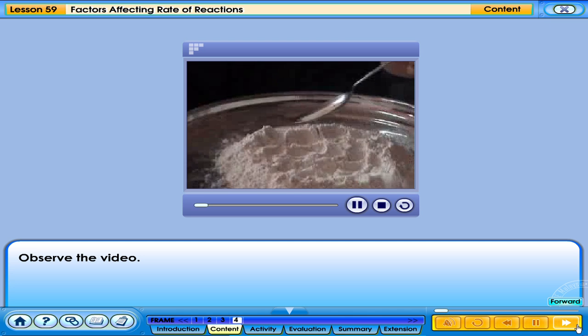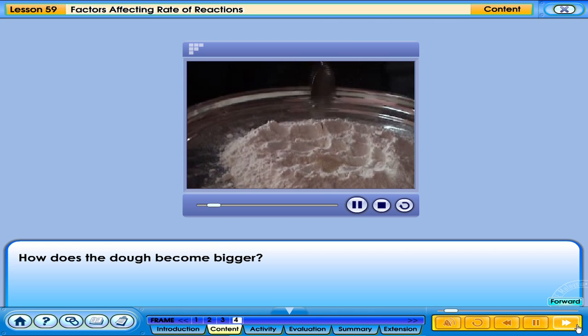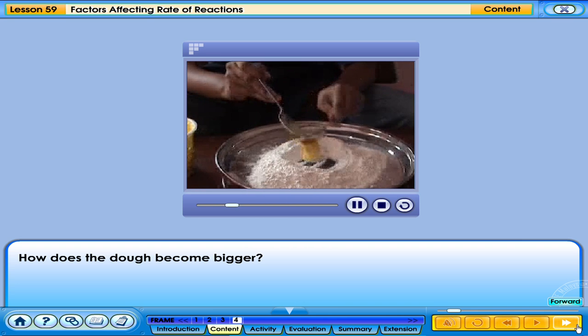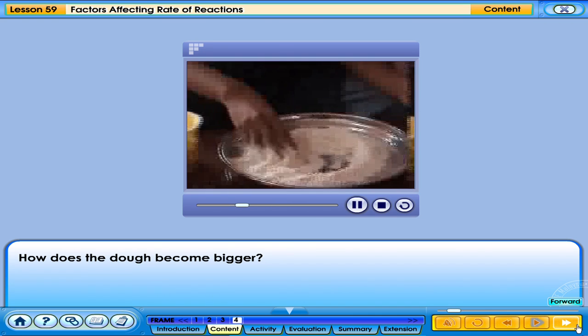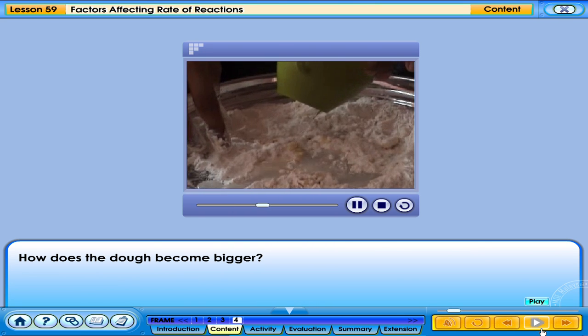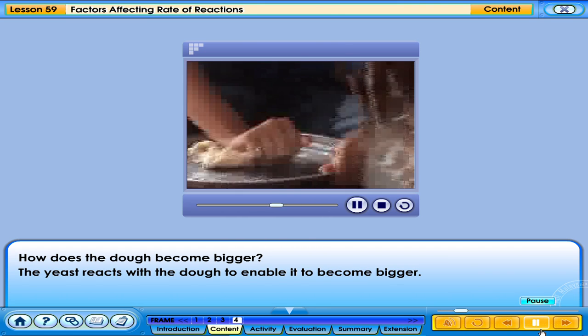Observe the video. How does the dough become bigger? The yeast reacts with the dough to enable it to become bigger.